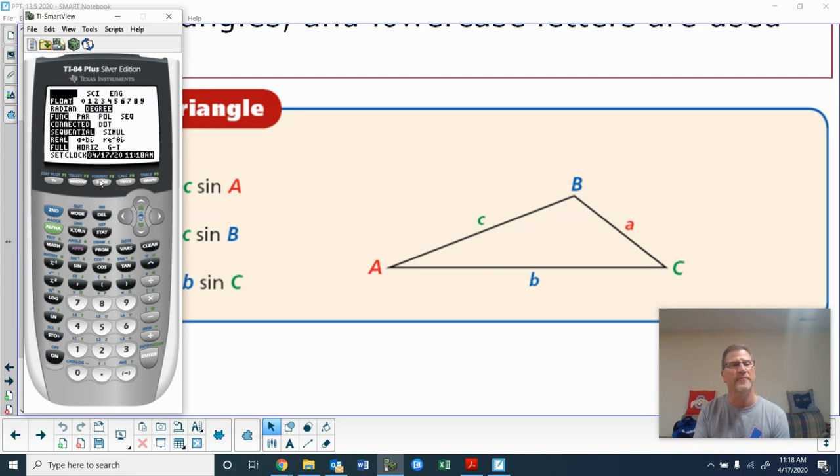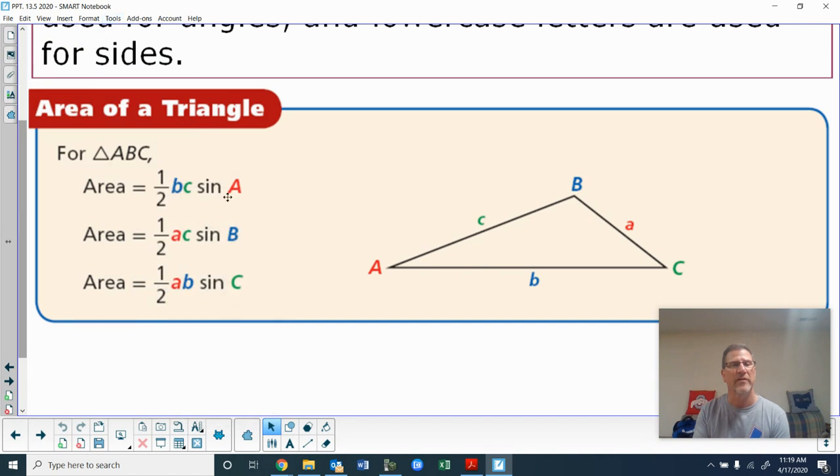Just hit the mode button, and it'll get you this screen, and make sure degree is highlighted. We've done this before, but if degree is not highlighted, move your arrow key down, and then move it over and hit enter, and it will highlight degree for you. So you must make sure of that. If you want to get out of there, just clear that out, and then you're back ready to go. You've got to make sure you're in degree mode for what we're doing.